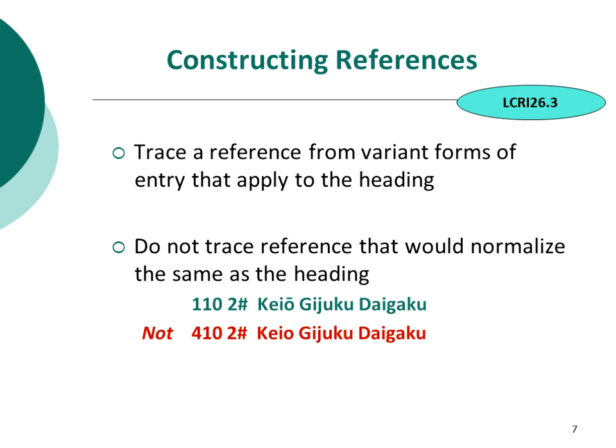So this is when we trace a reference from variant forms. However, do not trace a reference that would normalize to the same form as the heading, or see reference on the same record, or to the same form as a heading on another record.